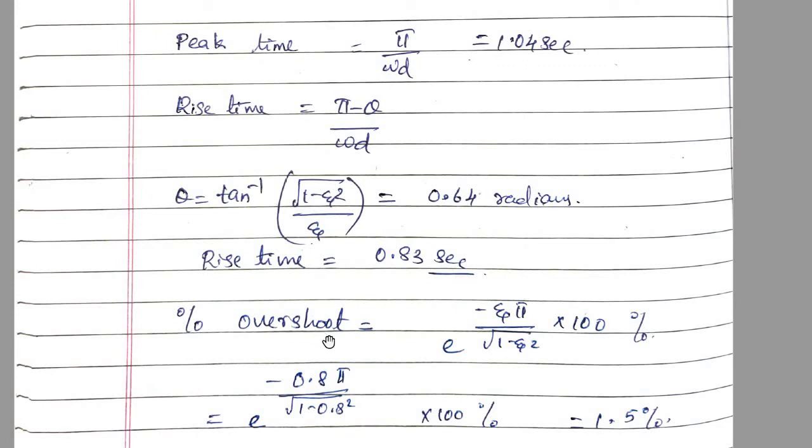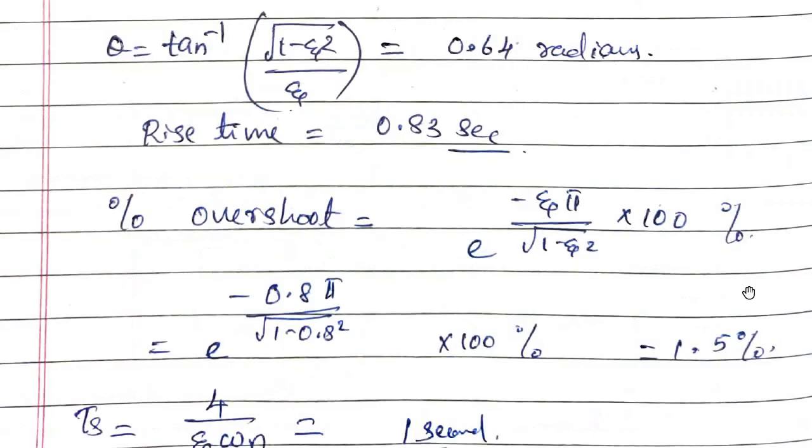Next, we have to find the percentage overshoot, and percentage overshoot is e raised to minus zeta pi divided by square root of 1 minus zeta square, into 100%, and that is 1.5. Now, settling time. Here in this question they have not given the tolerance band.